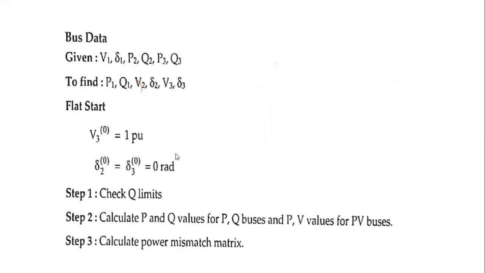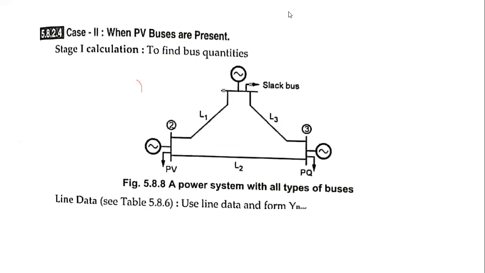Okay, this is the calculation for the Newton-Raphson method when the PV bus is present and when the PV bus is absent.